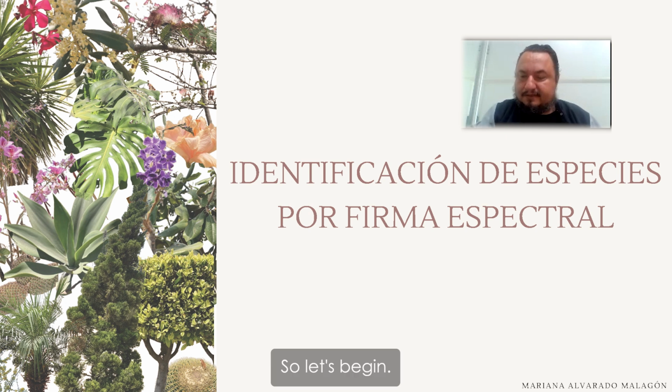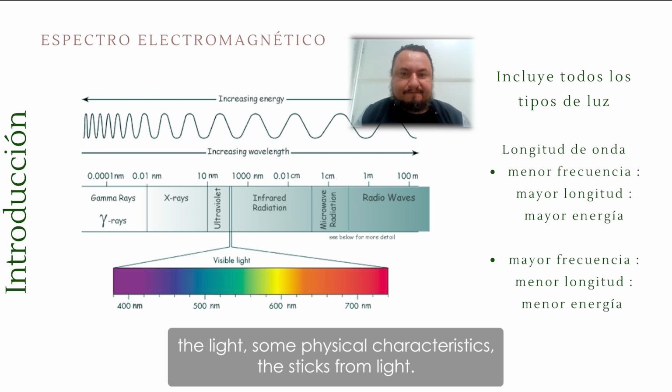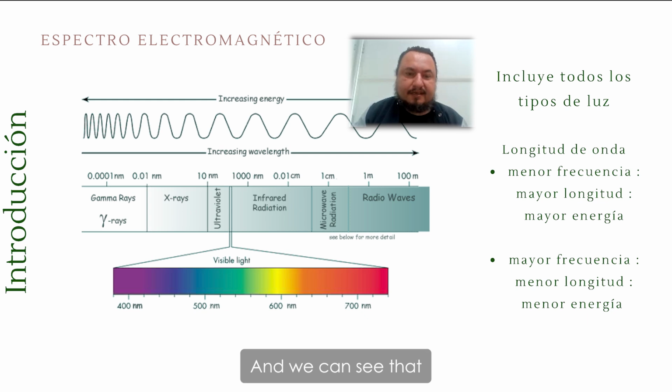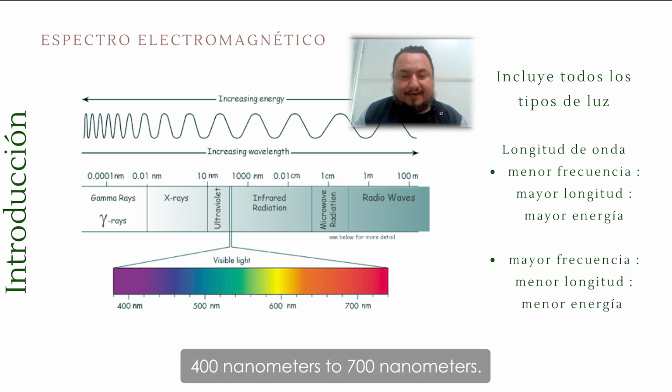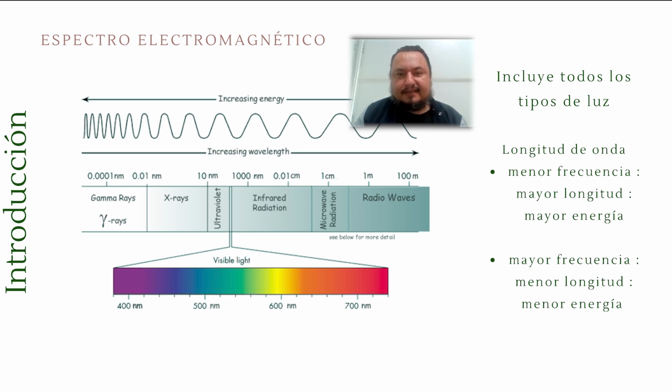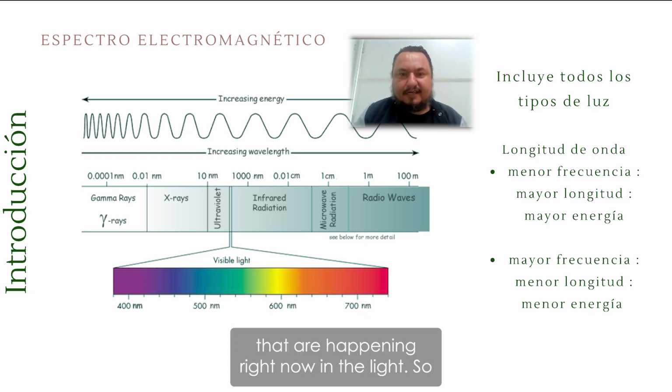So let's begin. The light, some physical characteristics from light, and we can see that the visible light is only from 400 nanometers to 700 nanometers, but there are also other bands that are happening right now in the light.